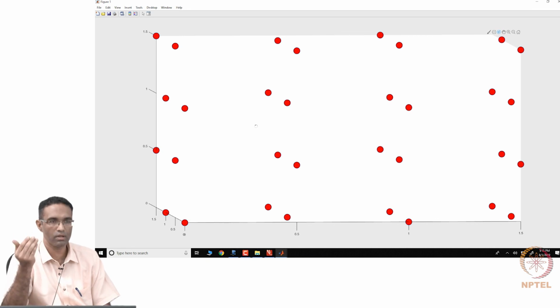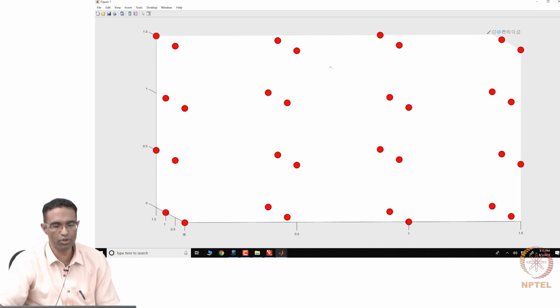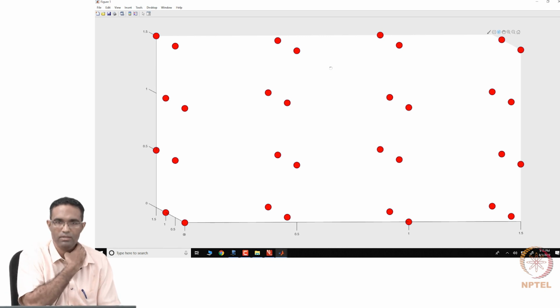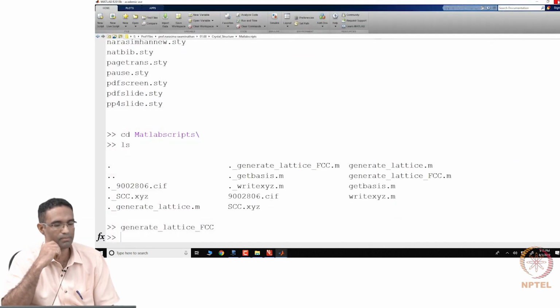So we will later on teach you how you can actually visualize just one unit cell using a MATLAB script. But otherwise, it should be obvious to you that if you do not print certain atoms with certain coordinates, which is greater than the lattice constant, then you will be able to visualize one unit cell of the FCC structure.